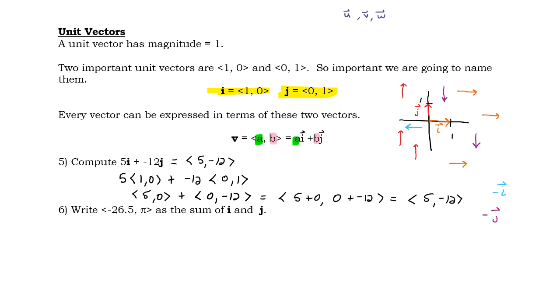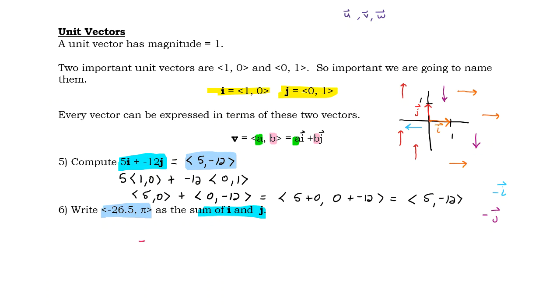How would you do that? So basically what I'm doing here is I'm giving the vector to you in component form, and I want you to write it in this form as a sum of i and j. Can you do it?